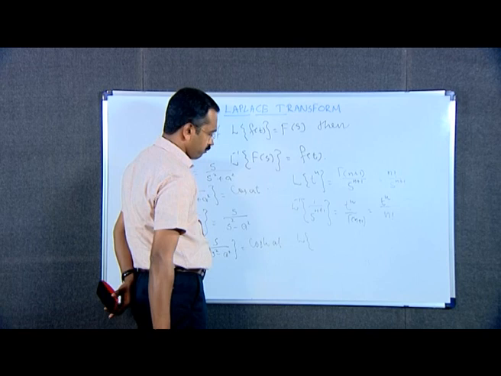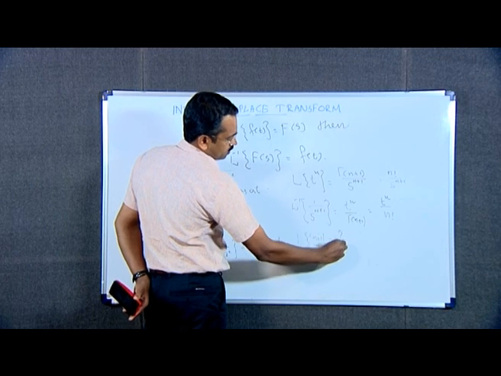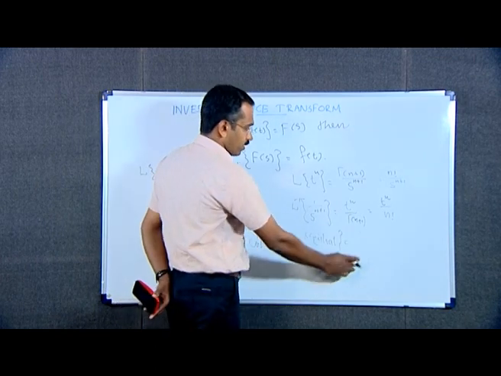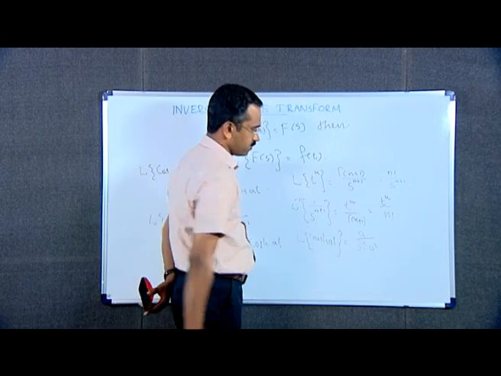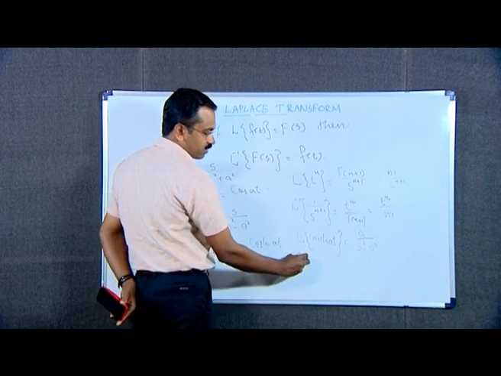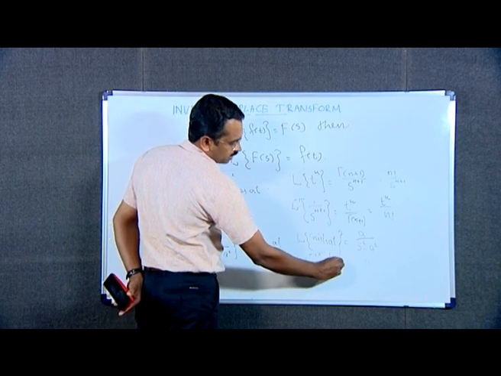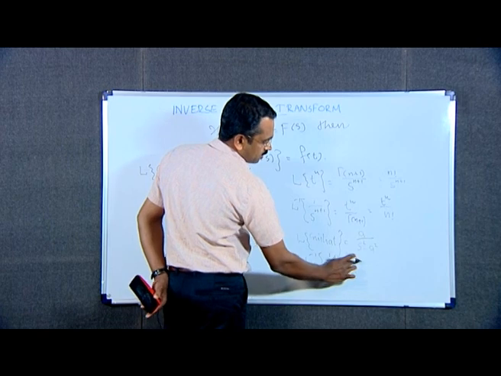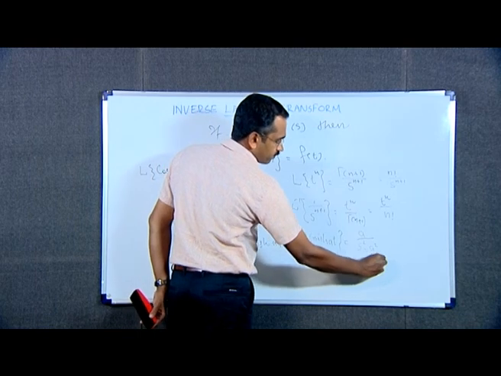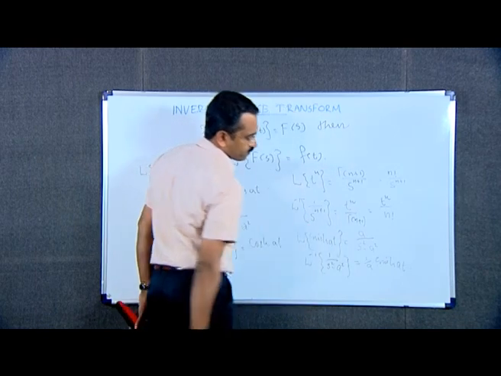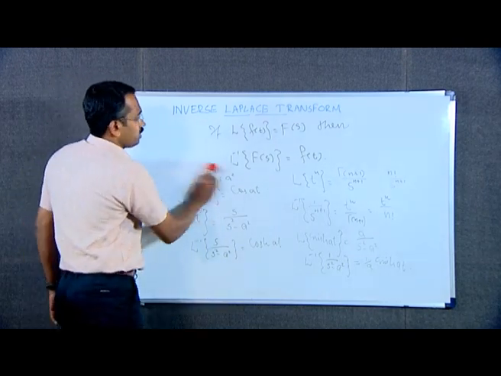Also, Laplace transform of sin h at, the hyperbolic sine, is a divided by s square minus a square. From this we can write L inverse of 1 by s square minus a square as 1 by a into sin h at. These are the elementary transformations and their inverses.